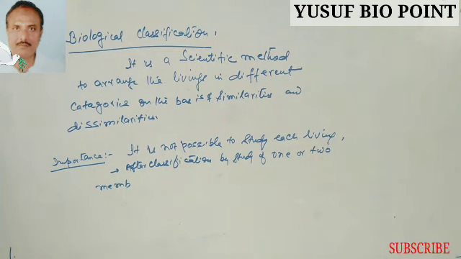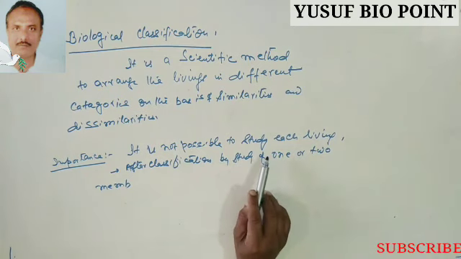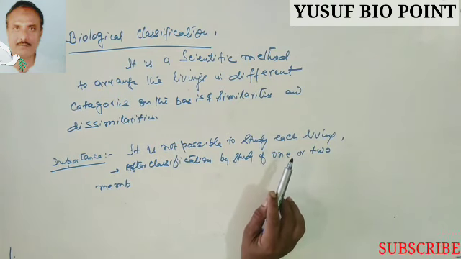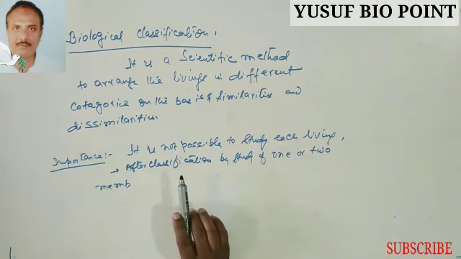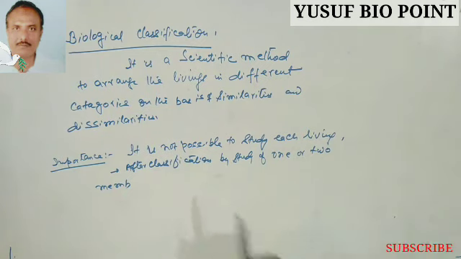Now what is the importance of the classification? Because it is not possible to study each living. We know that about 1.7 to 1.8 million livings have been identified, and a study of each one is not possible.